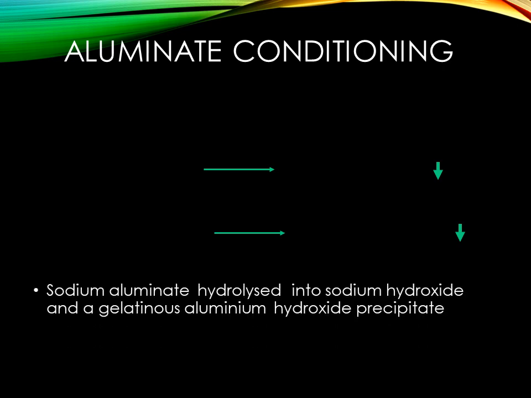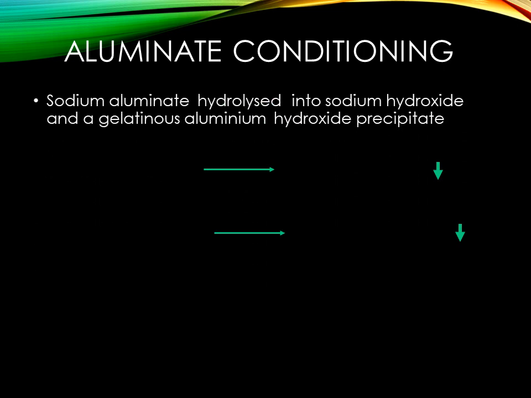Next, aluminate conditioning. Sodium aluminate is hydrolyzed into sodium hydroxide and forms a gelatinous aluminium hydroxide precipitate.